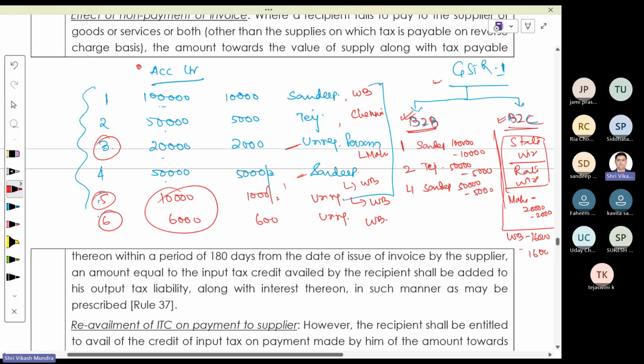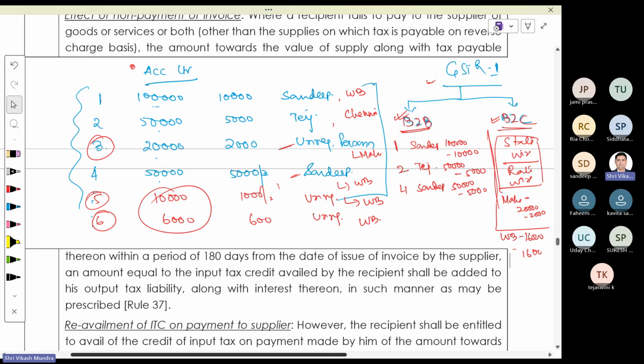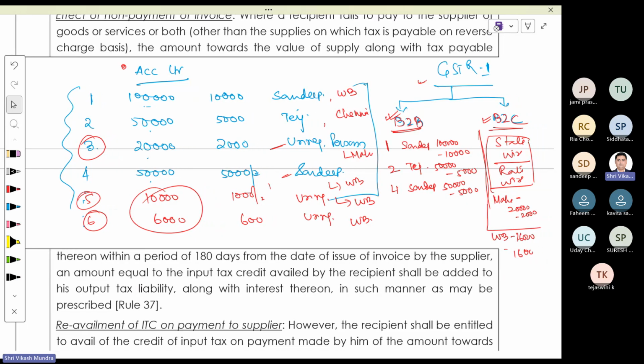Okay. Now what happened? Once these are reported by ACC Limited through GSTR1, by which date are they supposed to report this information to the GST portal? ACC Limited, the supplier, is required to submit GSTR1 for the preceding month.